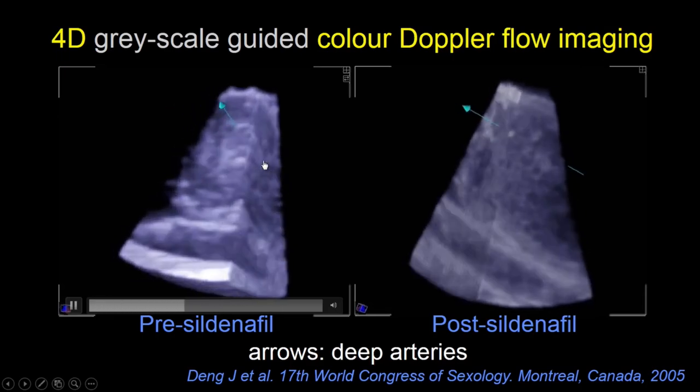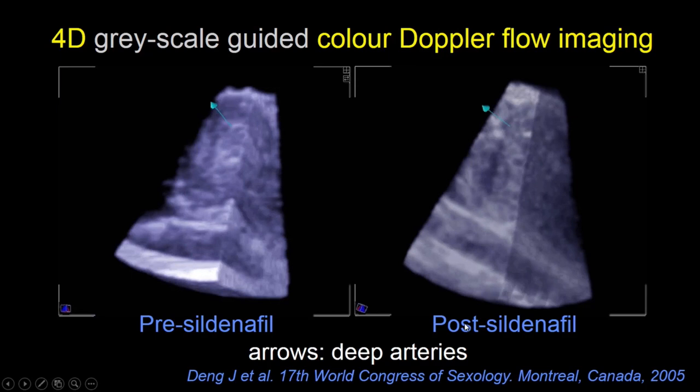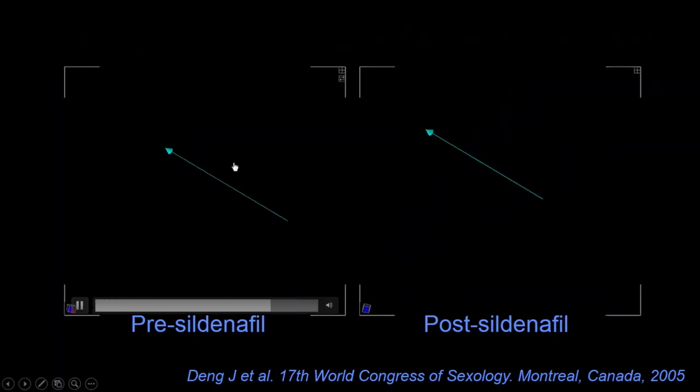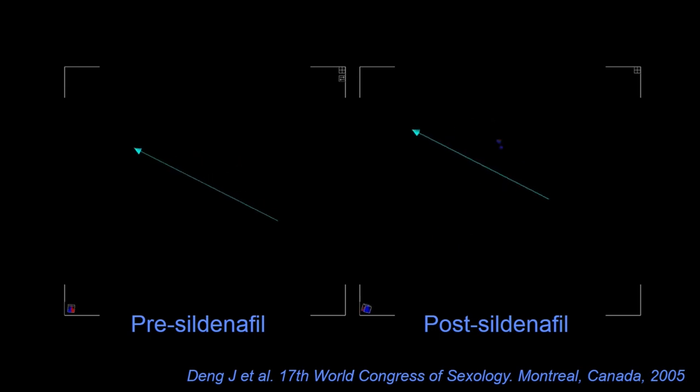We gave the patient Viagra, and you can see the difference. Before the Viagra, you see a deep artery here, but after the use of Viagra, you can see two deep arteries enhanced.